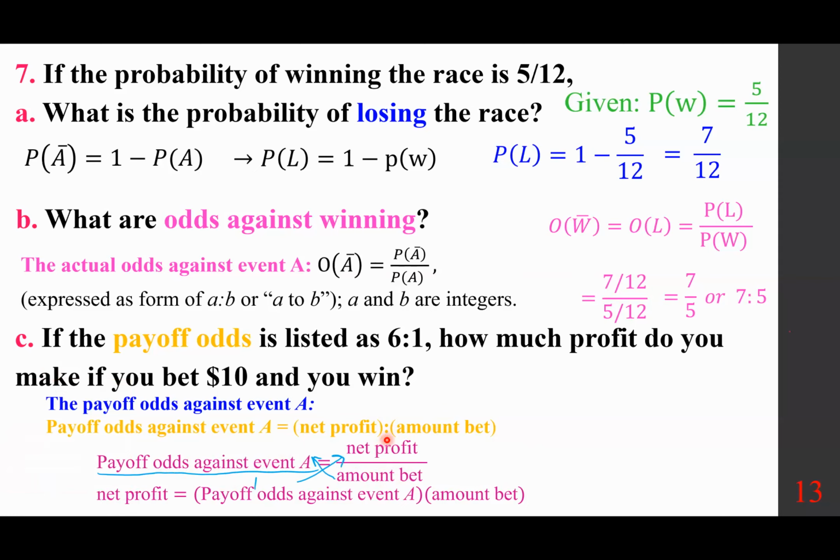Therefore, the net profit times 1 makes a net profit that is the product of these two numbers: the payoff odds, which is 6/1, by the way, this means 6 to 1, times the amount of the bet, which happened to be $10. So if we put $10, we win $60.